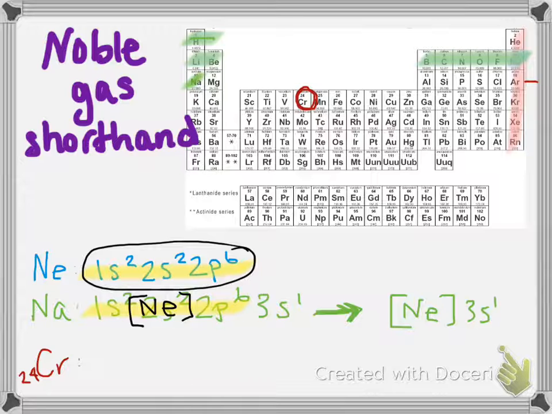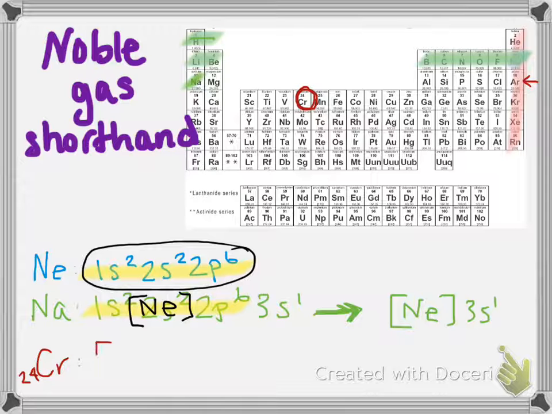Now, if chromium is element 24, I look over to my noble gases, and argon is the noble gas closest before it. Remember, not necessarily closest to it, it has to be before the element.